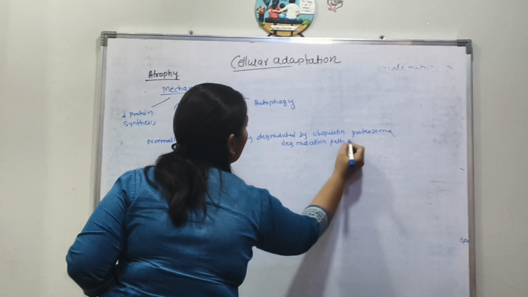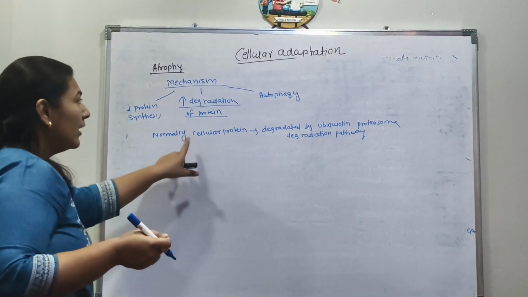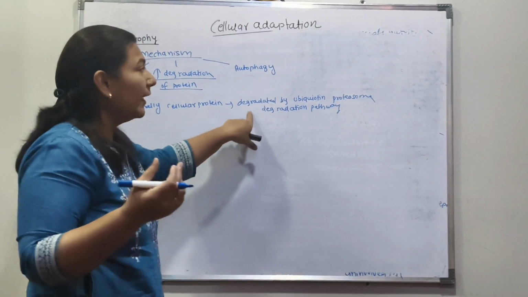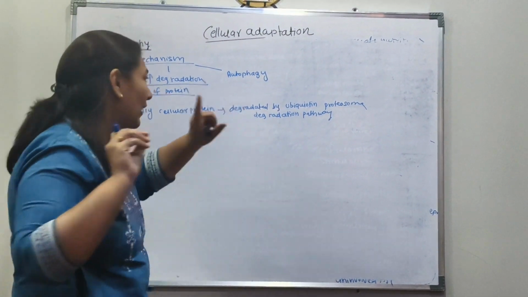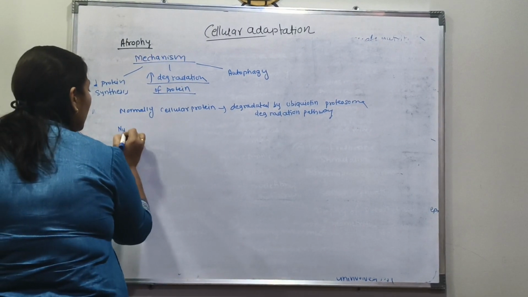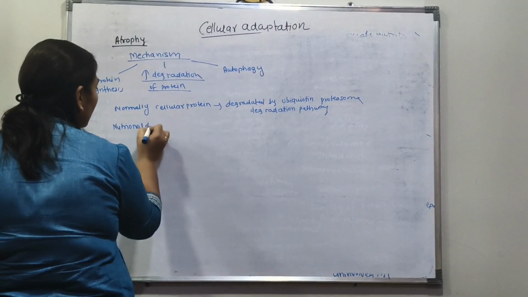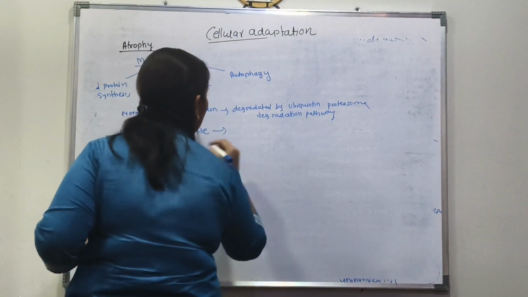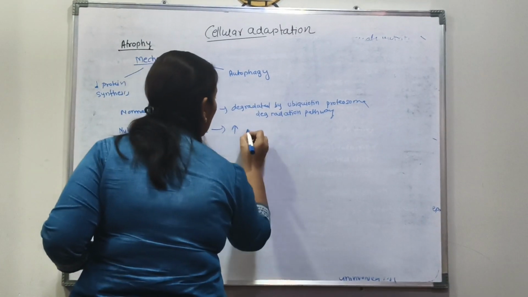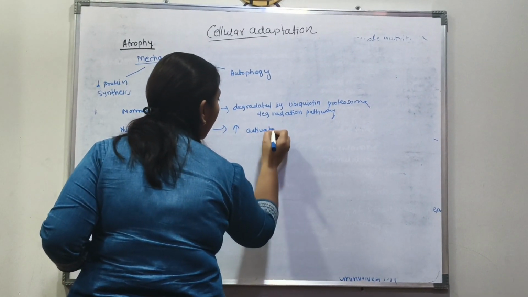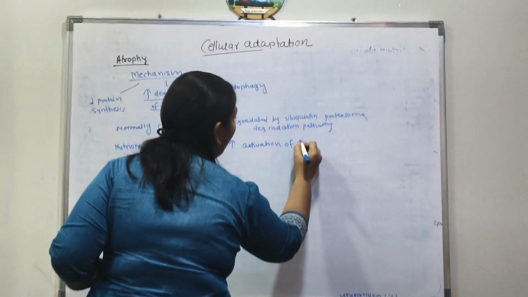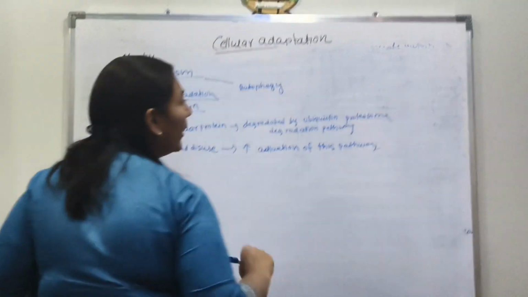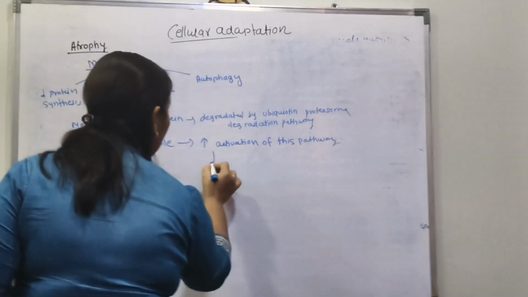Whenever there is accumulation of cellular protein, to prevent misfolded protein formation, the cellular protein is degraded by the ubiquitin proteasome degradation pathway. But whenever there is nutritional deficiency or disuse, there is increased activation of this pathway. Increased activation of which pathway? The ubiquitin proteasome degradation pathway.